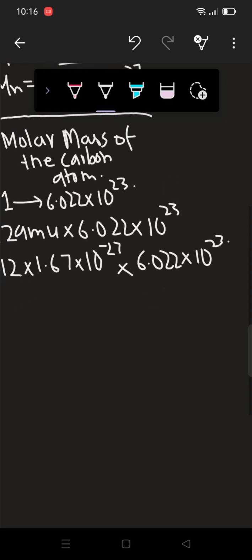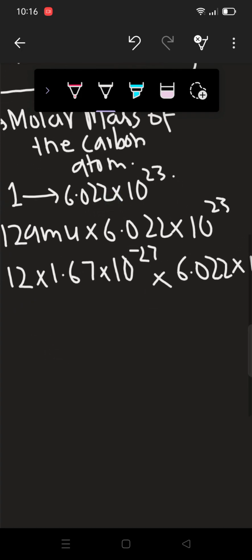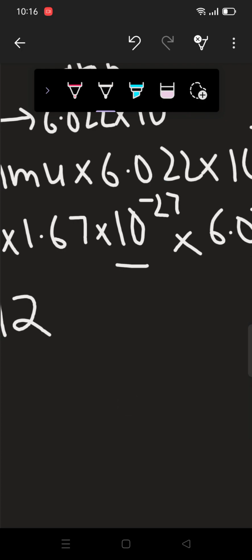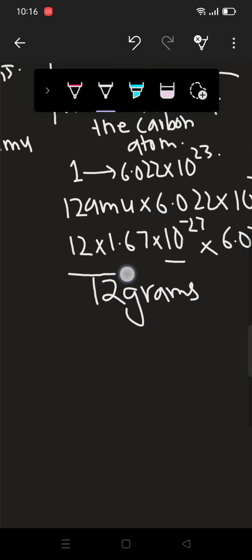When I calculate all this, what I get will be 12. This will resolve, and thus I'll get grams. So the mass of 6.022 into 10 to the power 23 particles of carbon will be 12 grams.